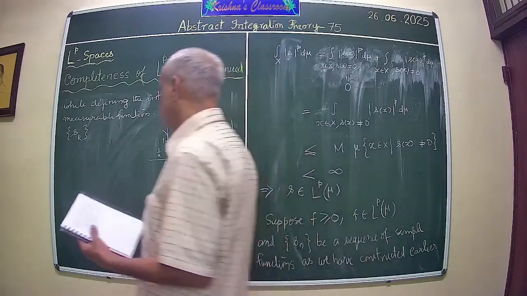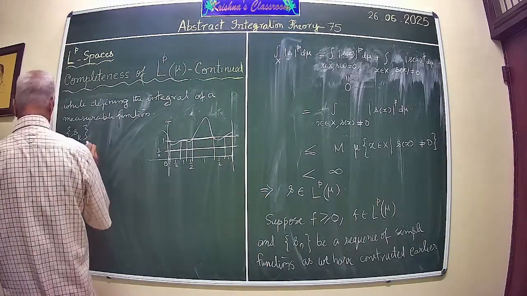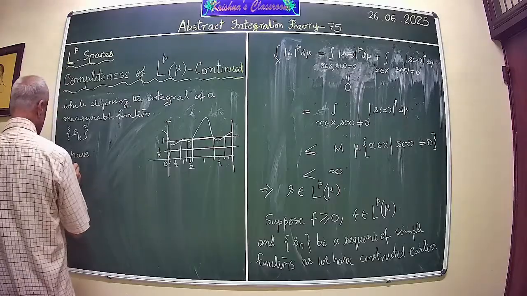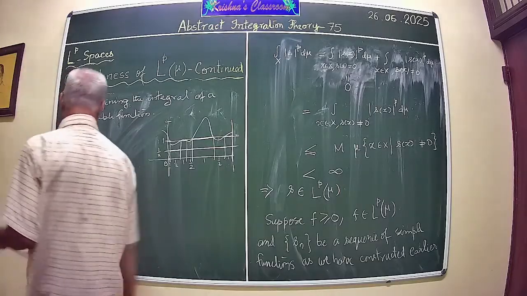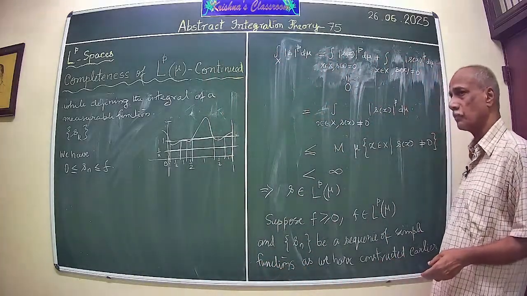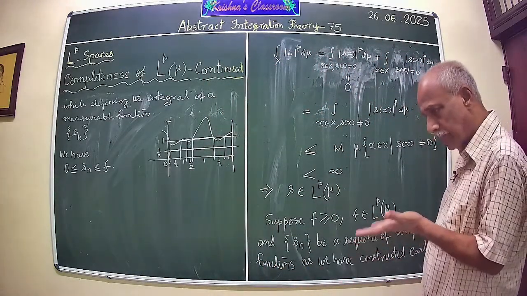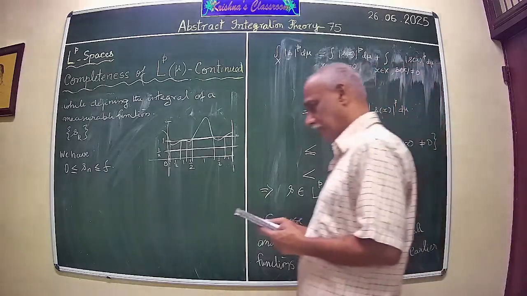Now we have the function always bounded by f. Okay, so it is an approximation from below to the function, right?